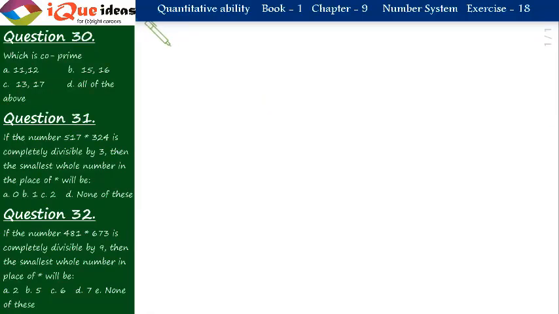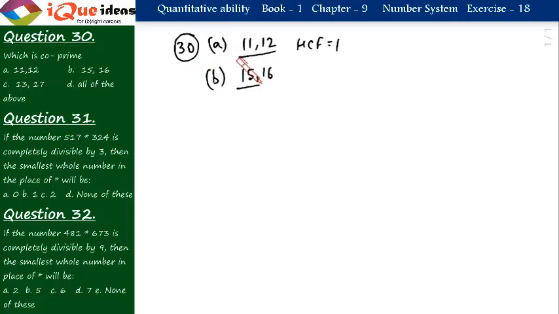Now question number 30. It says which is co-prime. Now co-prime is always a pair of numbers in which there is no common factor, or the common factor is 1, or HCF is 1. Now the first option is 11 and 12, very clearly their HCF is 1. Similarly the second option 15 and 16, their HCF is also 1.